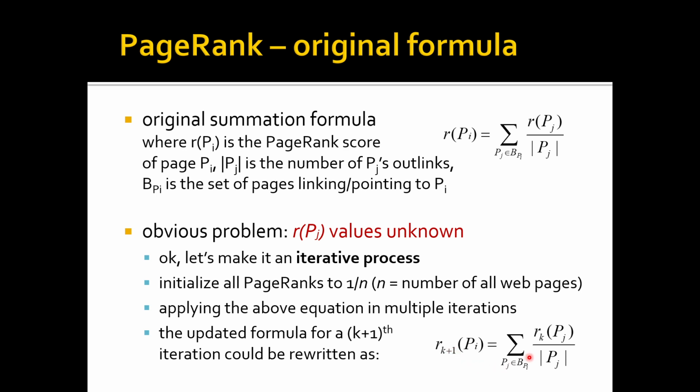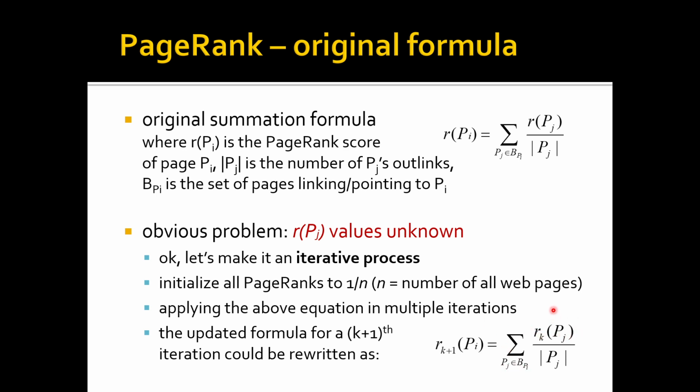So we have iteration k plus 1 that is relying on iteration k, and we also need to define the first, or zero, iteration. For this case we need to initialize the PageRank of all of the pages.